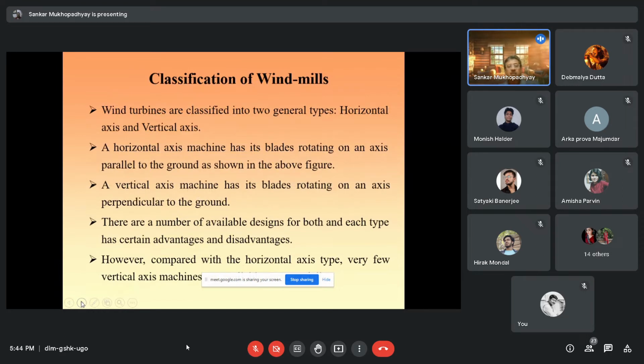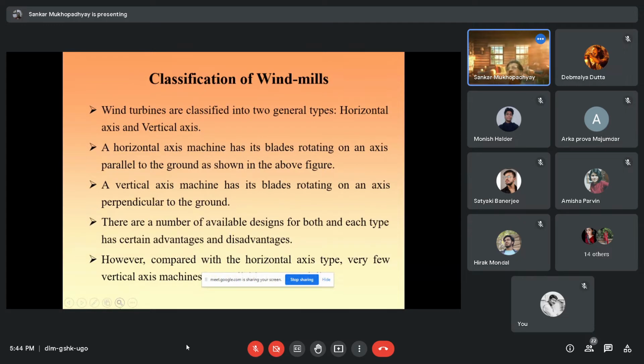I told you wind turbines are classified into two categories. One is horizontal axis and the other is vertical axis. A horizontal axis machine has its blades rotating on an axis parallel to the ground, as I had shown you in the above figure. A vertical axis machine has its blades rotating on an axis perpendicular to the ground.